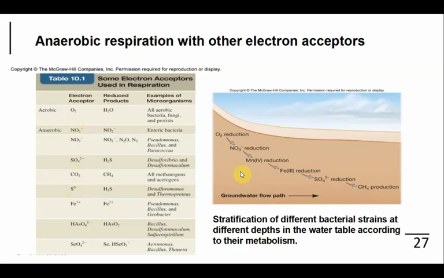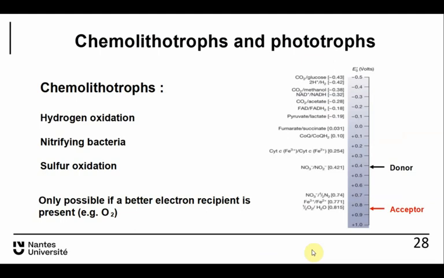And then finally, when there's nothing left, some bacteria can still ferment if there is any organic carbon left. Okay, so just keep that in mind. So that's respiration and anaerobic respiration.